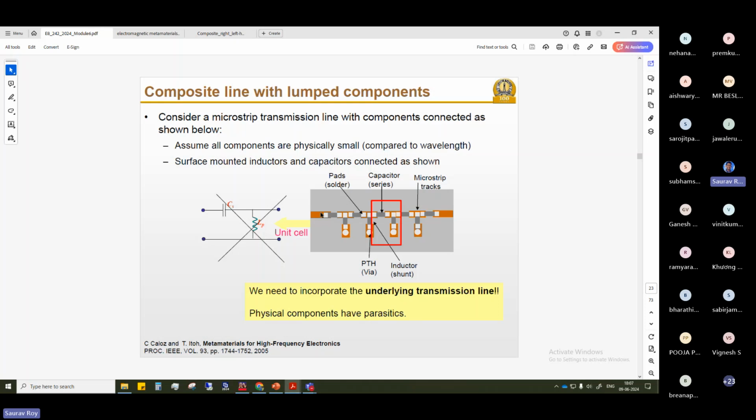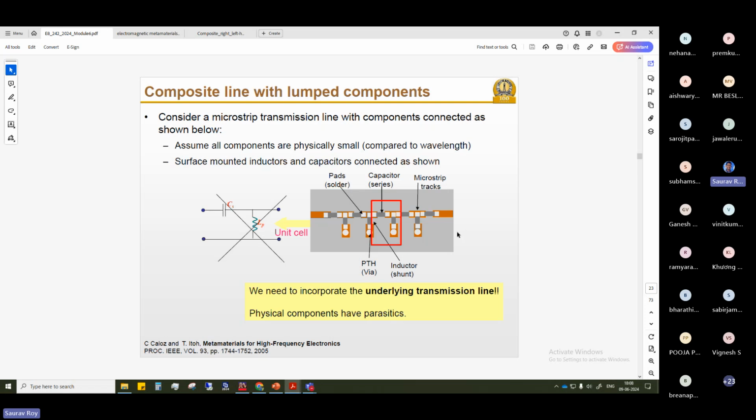But the problem is you cannot just put the capacitor and inductors there. You have to have a soldering pad and all this. The moment you use soldering pads, that acts like a right-handed material also. So then you will have both right-handed and left-handed transmission line together. That means you have a normal transmission line or microstrip line as well as these lumped elements together.